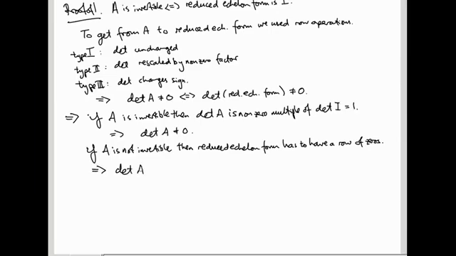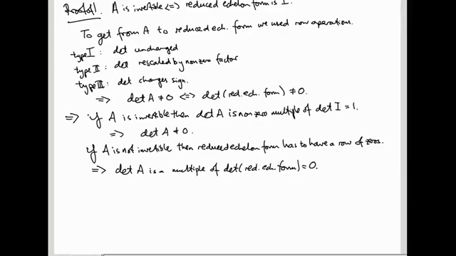But then det A is a non-zero multiple of det of the reduced echelon form, which is then 0. Because if we have a row of zeros, then whatever entry we pick from that row, it's going to be 0.